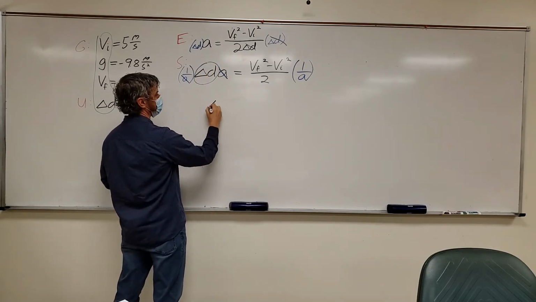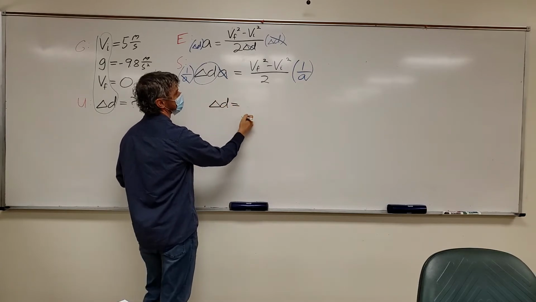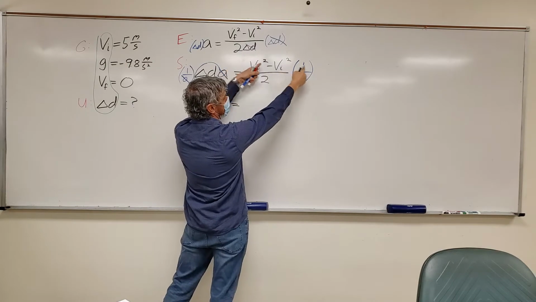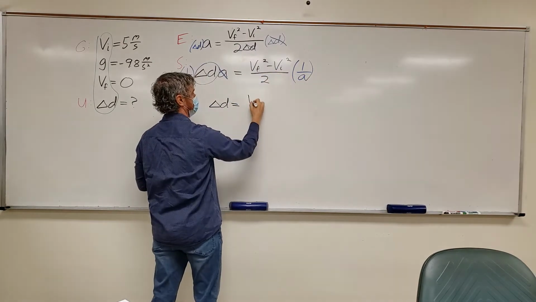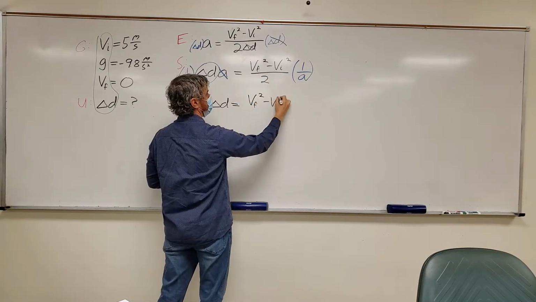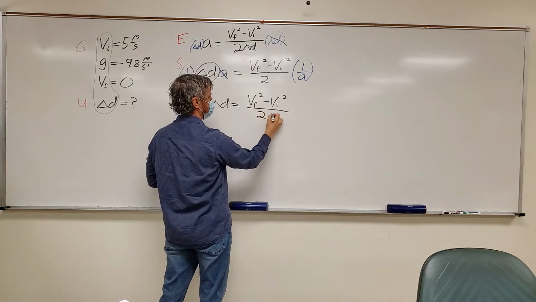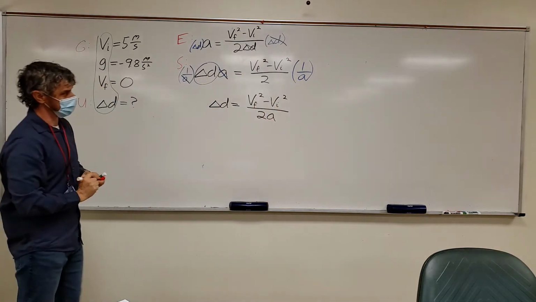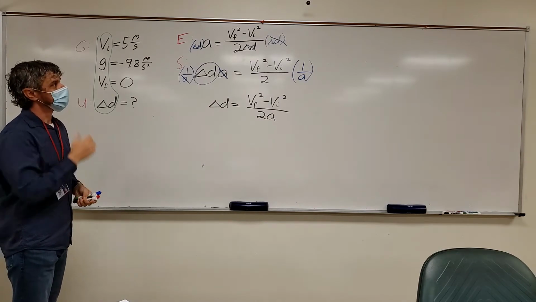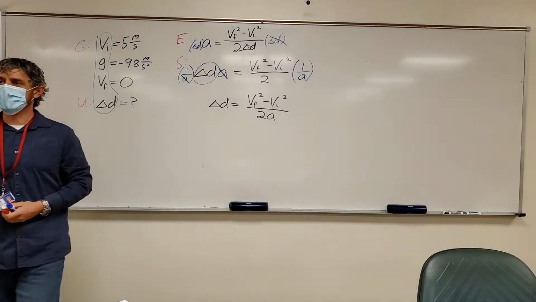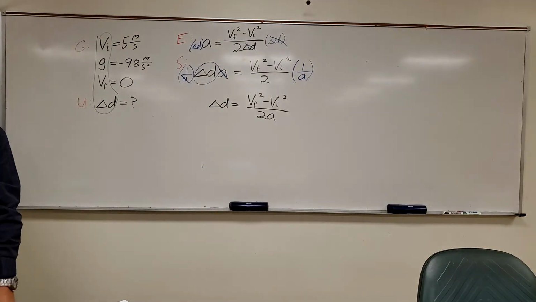So I have the displacement delta D equals, the numerator, just final velocity squared minus initial velocity squared, all that times 1, which doesn't change it. And then I have 2 times a in the denominator. And there's my equation for displacement. Again, if you would rather start, once you pick your equation, by putting numbers in first, by all means do it that way, especially on a test when the grades really do matter.